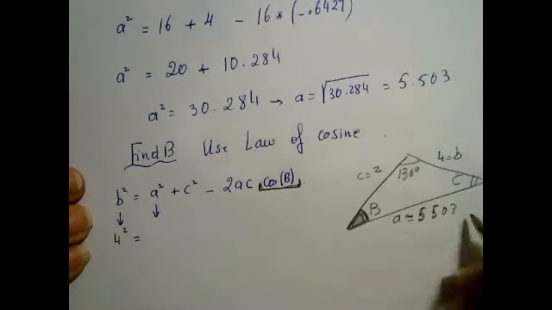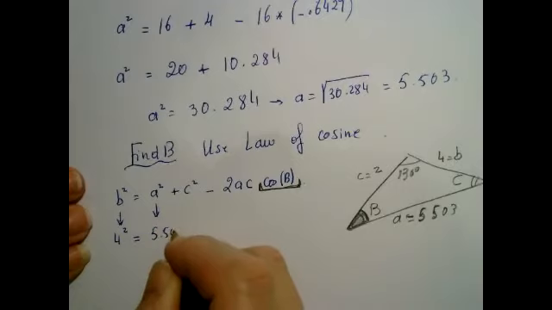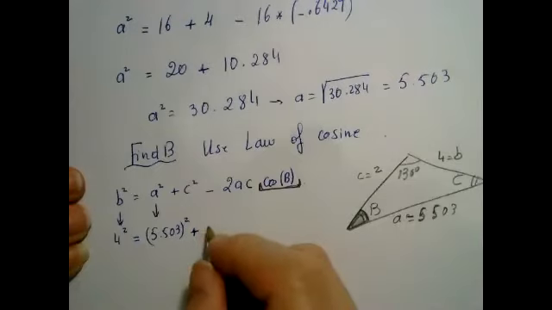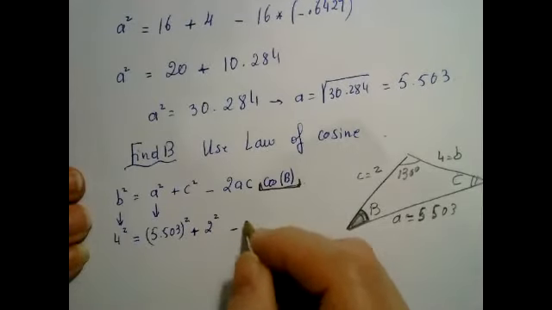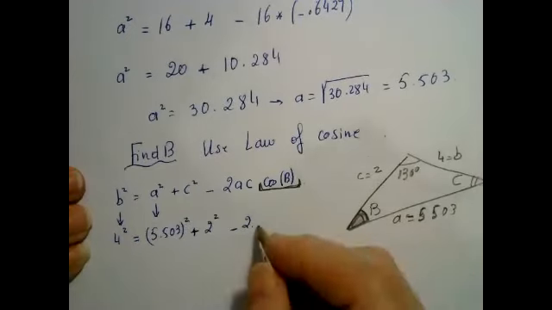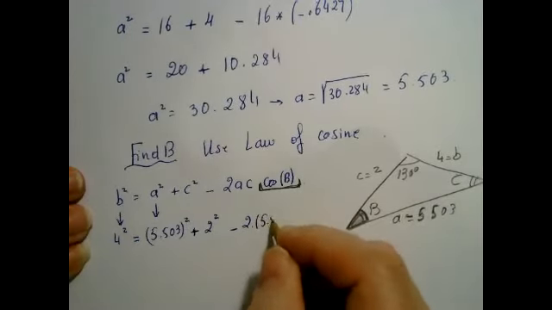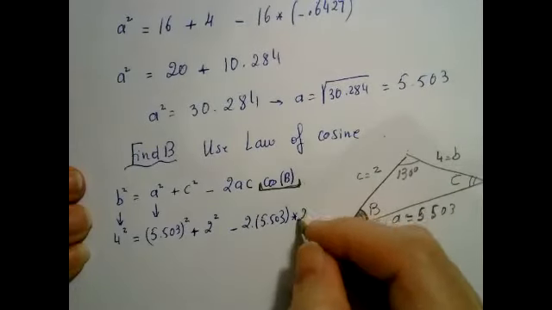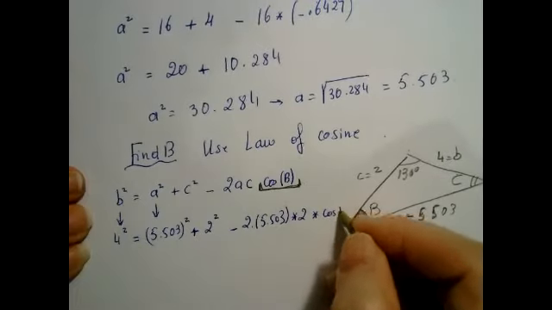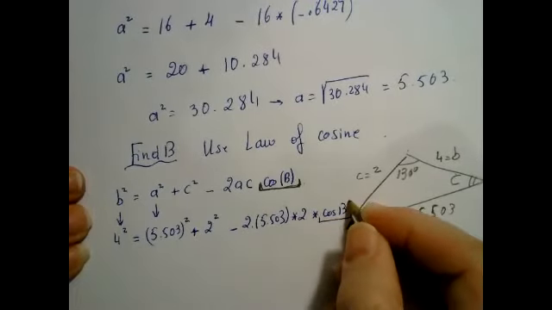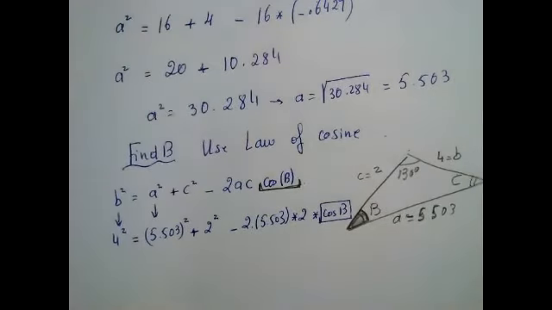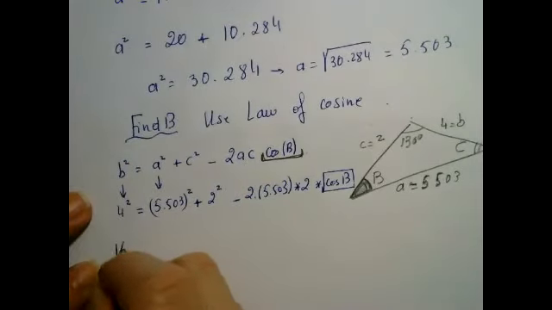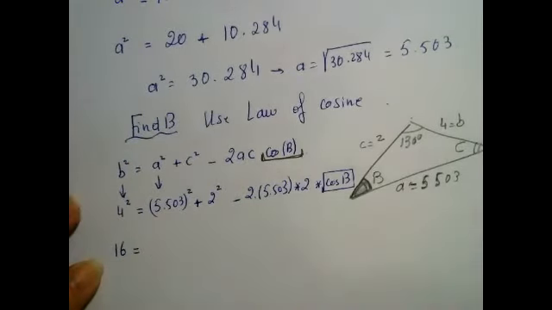My A is 5.503 squared plus my C is 2 squared minus 2 times A, which is 5.503, times the C, which is a 2, times the cosine of B. My goal is to isolate this term so I can solve for B. So let's do that. 4 squared is 16 equal 5.503 squared.